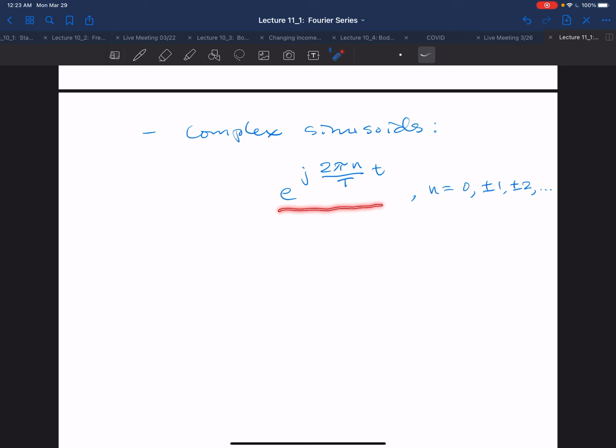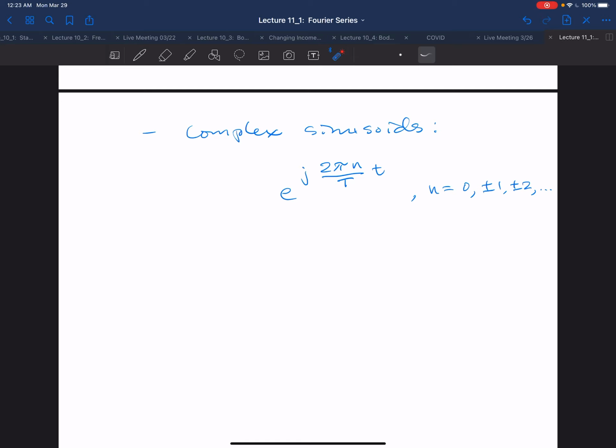So that will be a sinusoid with exactly the same frequency as our original function f of t. But then we'll include all the integer multiples of that frequency in order to be able to get a better approximation.